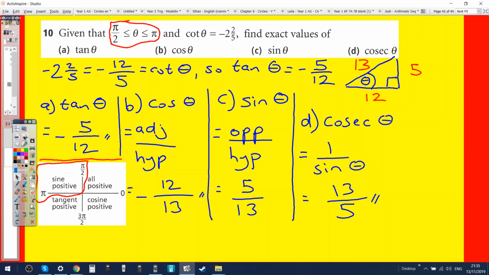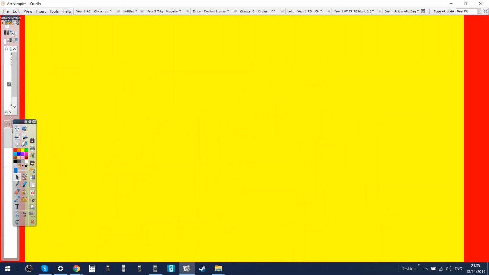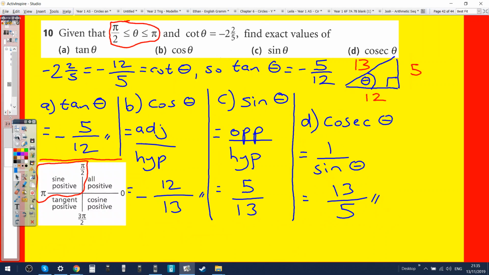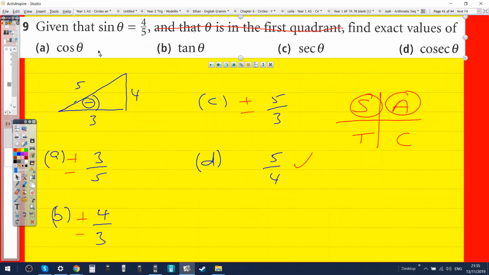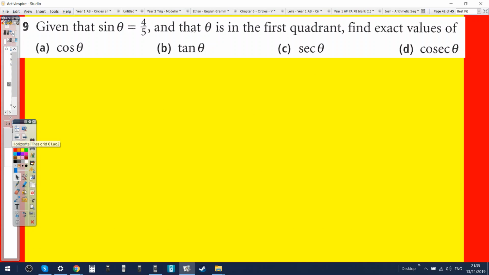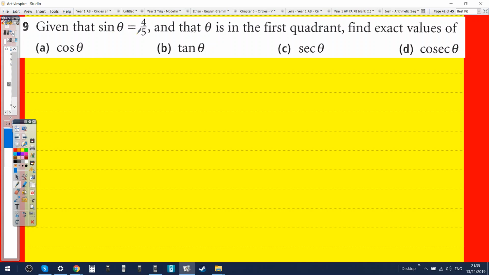The other way to do it, and I'll just show you, is you can square both sides. And so you can say sine squared theta is equal to 9 over 25.